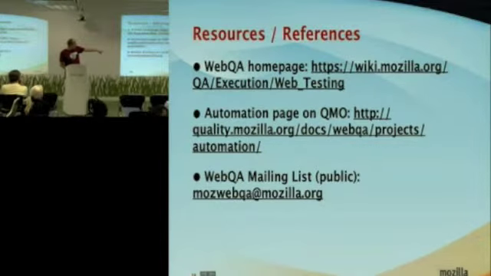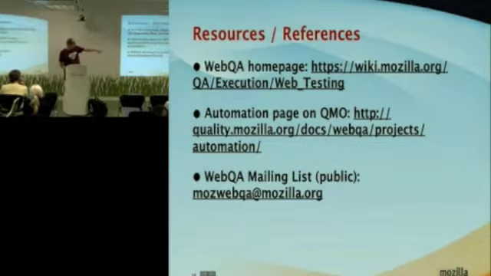And finally, by the way, I don't think the QMO is publicly editable by all, but the web QA homepage is. So if off of the homepage there are things in automation, specifically Selenium, either RC, IDE, best practices, guidelines, whatnot, that you think are wrong or you have questions about or would like to see changed, feel free to contact us or just add a note on that page with your contact details and we'll incorporate that feedback.